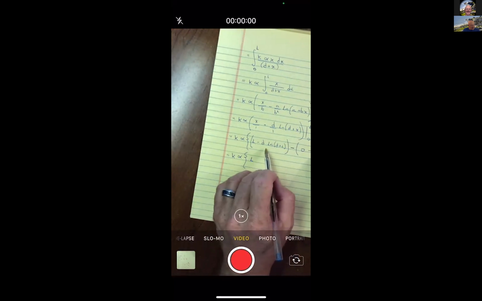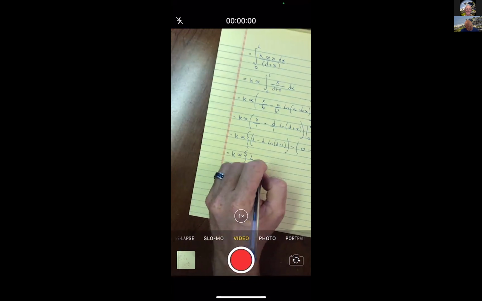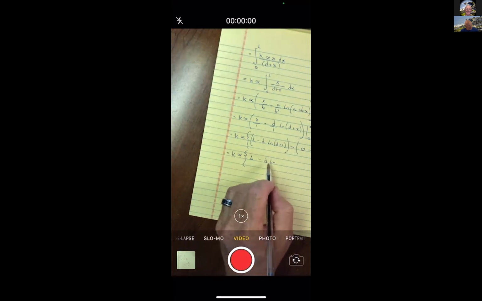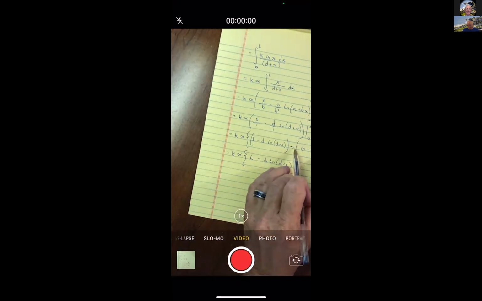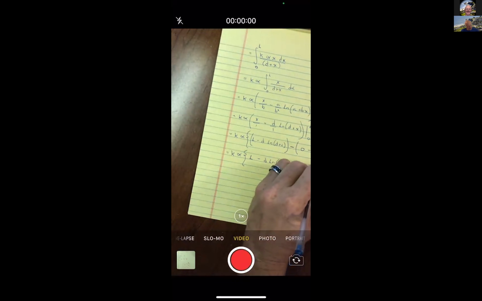And then this right here becomes a minus a d, well, maybe I'll do it in 2 steps. Minus a d ln d plus L. And then this minus and minus make a plus d ln of d.